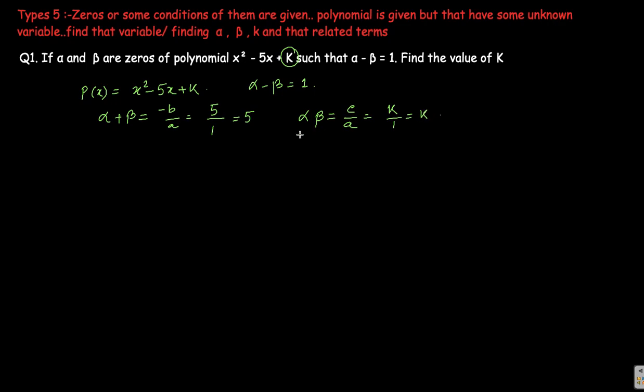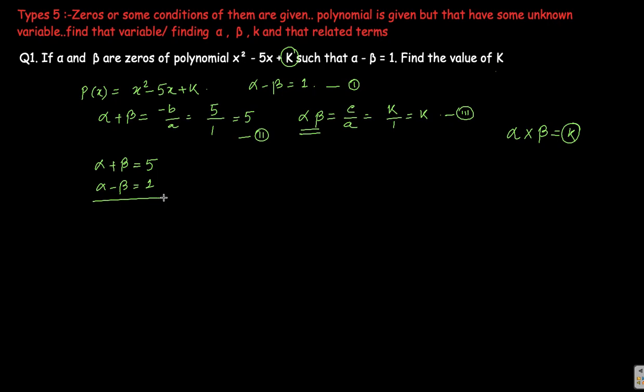Now we take alpha minus beta equal to 1 as equation 1, alpha plus beta equal to 5 as equation 2, and alpha beta equal to k as equation 3. To find k, we need the alpha and beta values, because if we find alpha and then beta, we multiply them to get k. Alpha plus beta is 5 and alpha minus beta is 1.